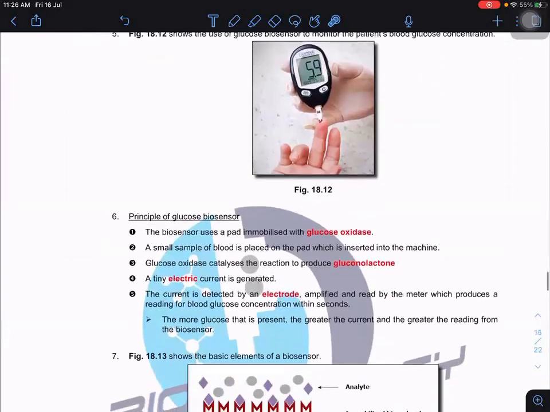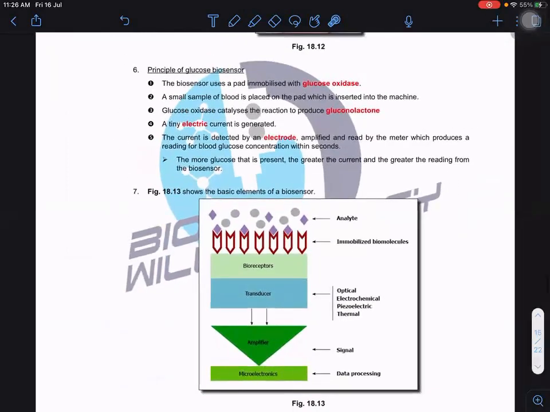So what's the principle? It's very, very simple. We have the immobilized biomolecule here. It can be an enzyme. In the glucose biosensor, we use the same enzyme, glucose oxidase. The analyte is the blood, which contains many different compounds, but glucose can bind to this enzyme. When the glucose binds to the enzyme, it produces gluconolactone, which is acidic.